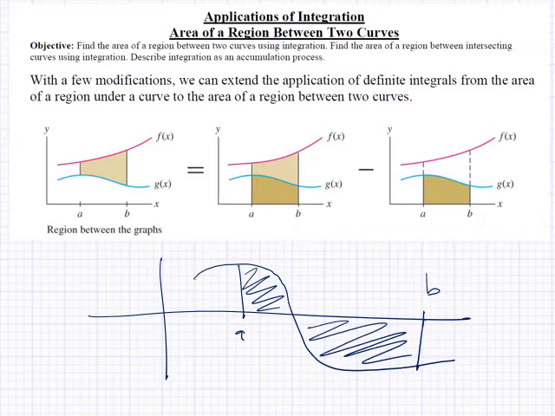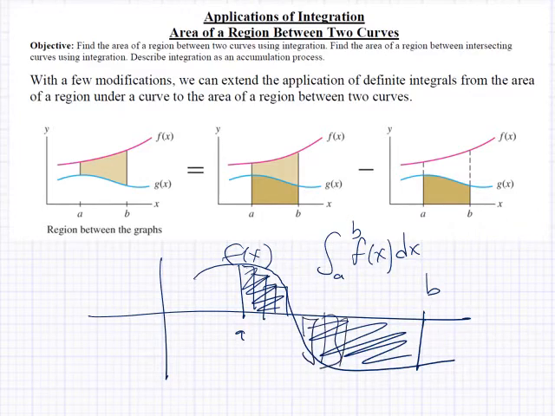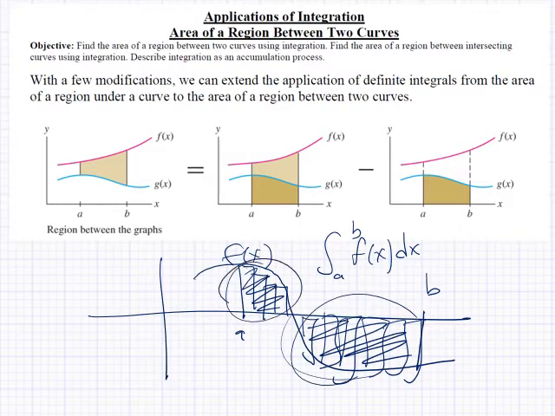Well, the problem is if this function, say f of x, is just integrated from a to b dx, we're not going to get the area. Because here we would add up these rectangles and we would get a bunch of positive answers. And without correction, we'd add up all these rectangles here, but the area of all these rectangles would be calculated with negative values because of the negative heights. And if we added all this together, some of this negative would cancel out with some of this positive, and we would never truly find the whole area.